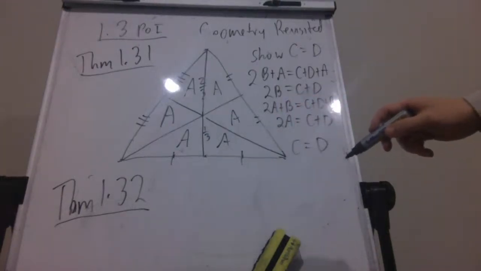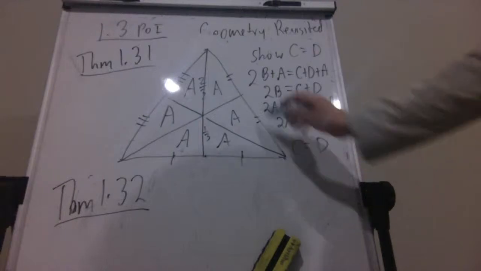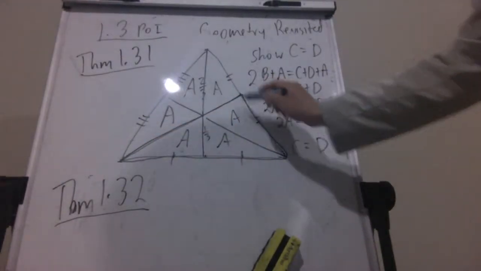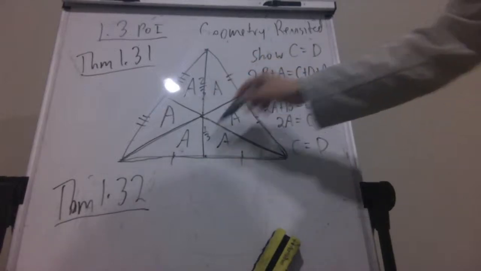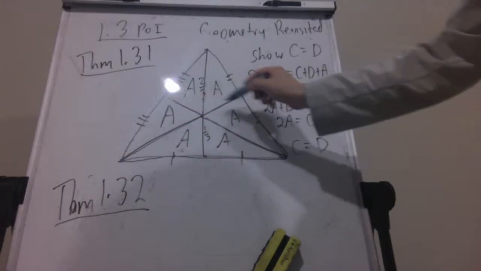But which triangle are we looking at? If you look at this triangle, then this line divides the areas 1 to 2. So this must also be 1 to 2 on the base.